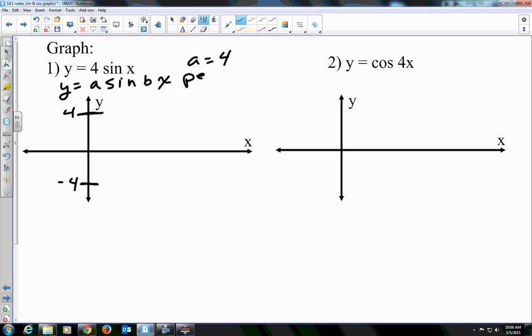So my period is going to be 2 pi over 1, which is just 2 pi. So I don't change anything there. So from the y-axis out to the end here, we're going to say that's 2 pi. And I'm going to divide that into 4 equal parts. So half of 2 pi is pi.